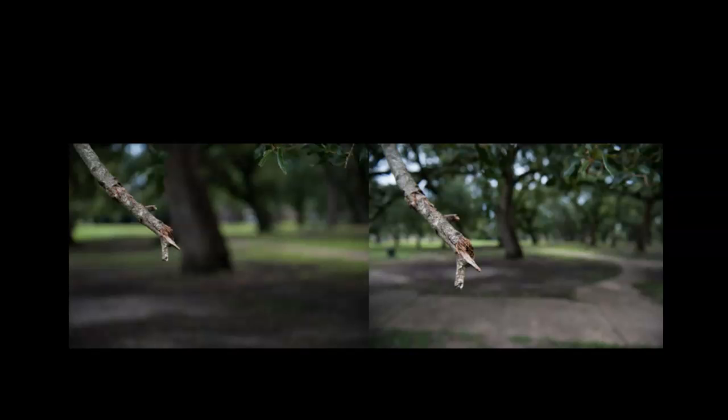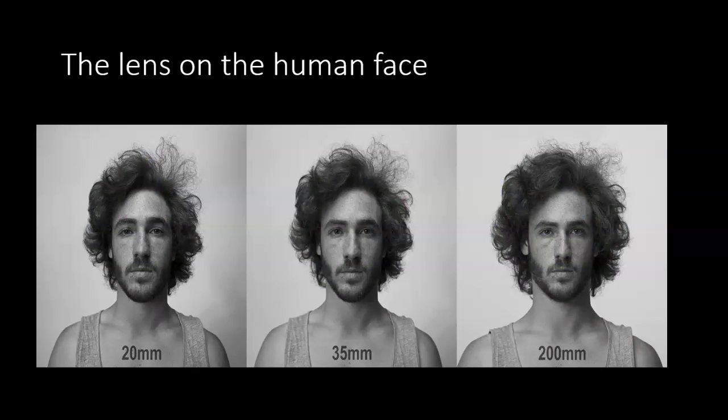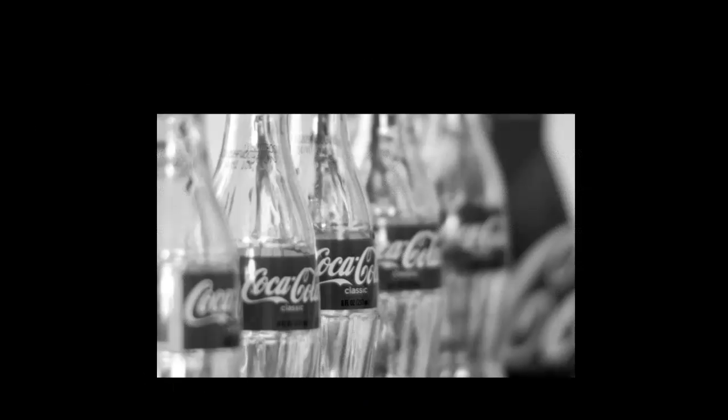And so, once again, the wide angle lens on the right and the telephoto on the left to demonstrate how depth of field and perspective work, the tree seems closer than it does on the right-hand image. And again, the human face and how a 200 millimeter can be flattering, 35 millimeter can be less so, and a 20 millimeter lens even less so as well.